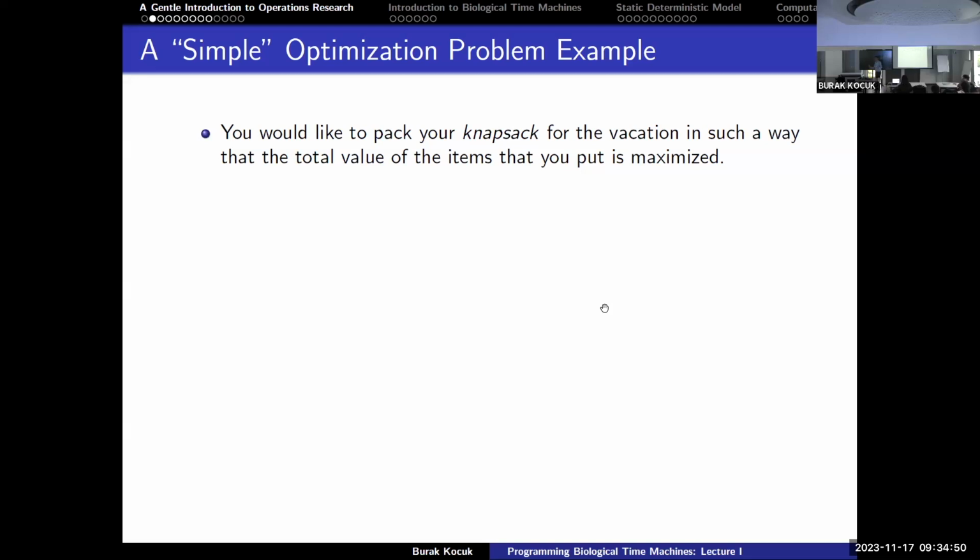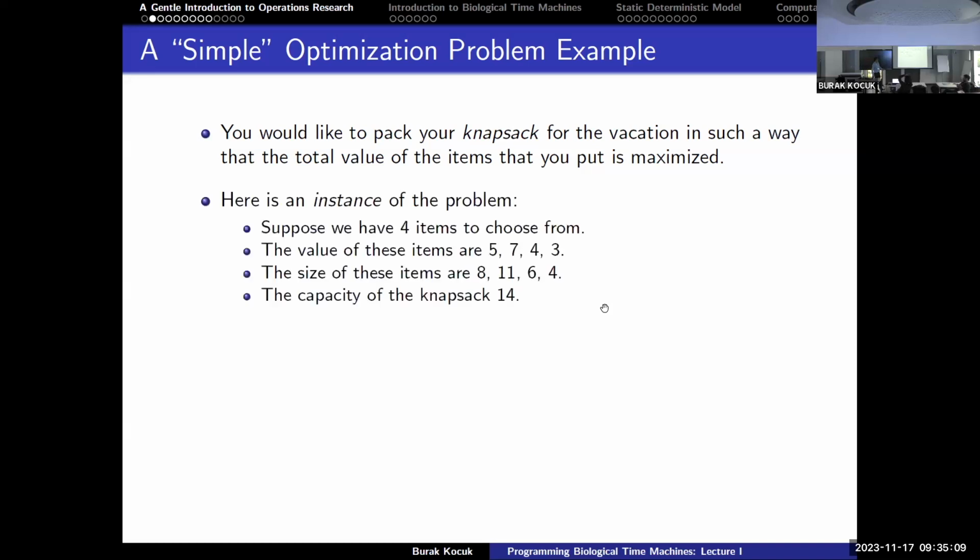I think knapsack is a really old word for backpack, essentially. I think only operations researchers now use this word. Your knapsack, your bag, has a finite capacity, so you cannot put everything that you have in your knapsack for the vacation.